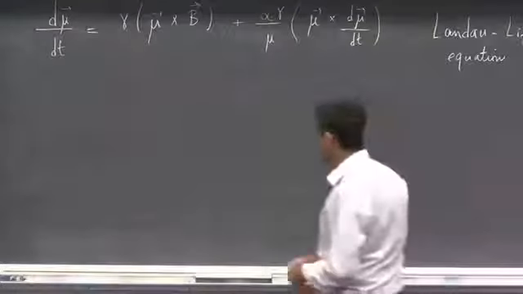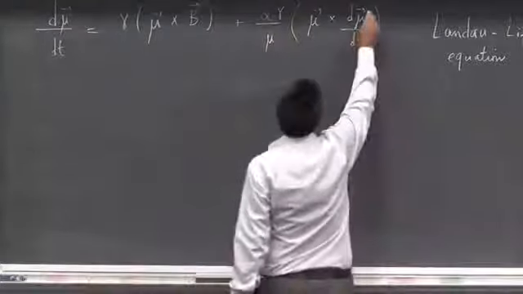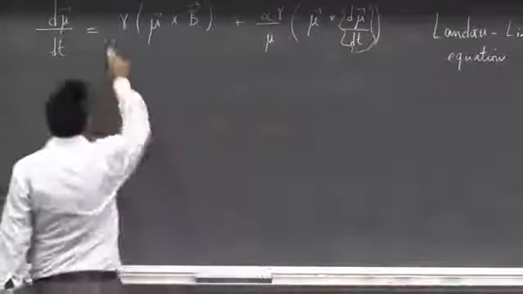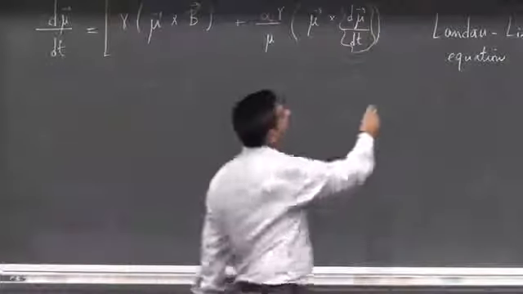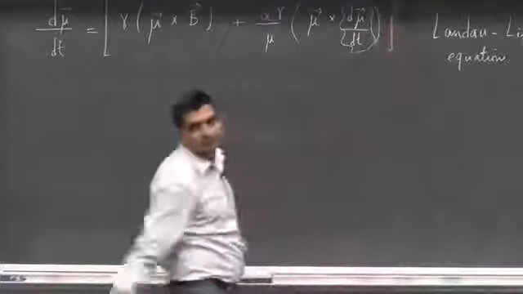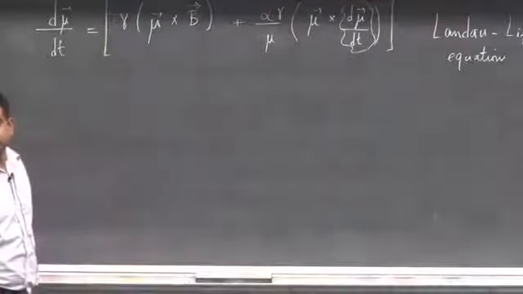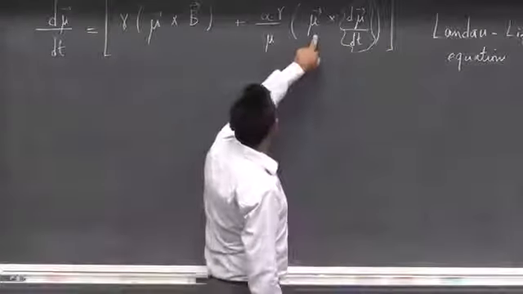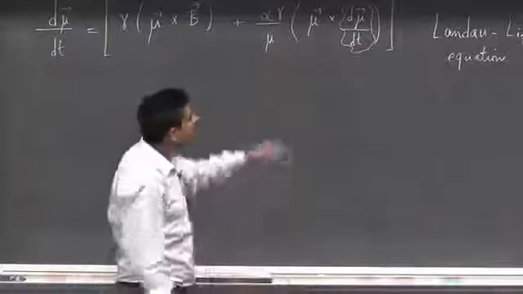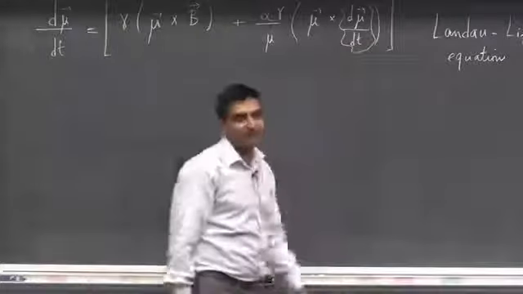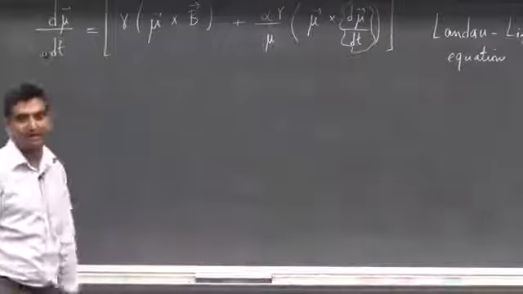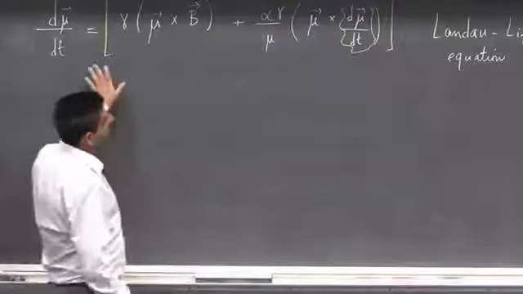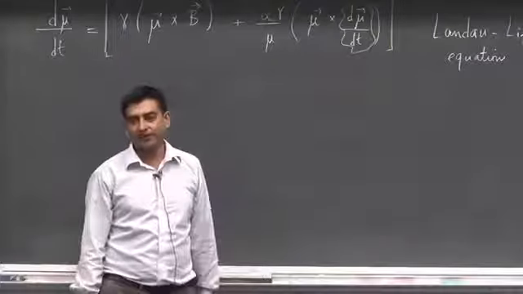You would replace this d mu over dt by all of this. When you make this replacement, you get mu cross mu cross B, and you get mu cross mu cross d mu by dt, and then you use certain vector identities to have an equation in which the right hand side is devoid of d mu by dt.